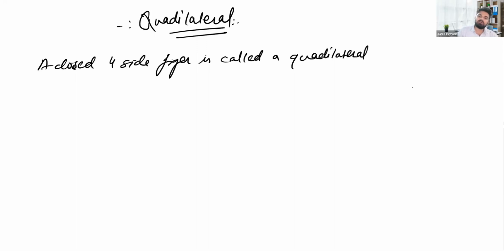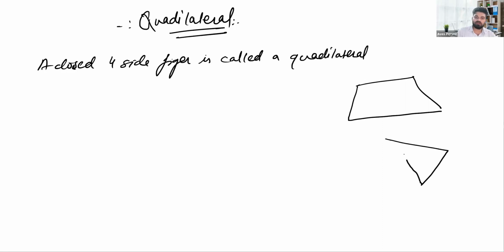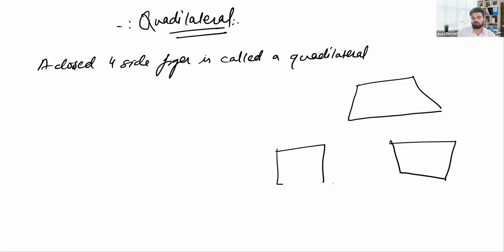If we have a shape like this, this is also a quadrilateral. This is also a quadrilateral.